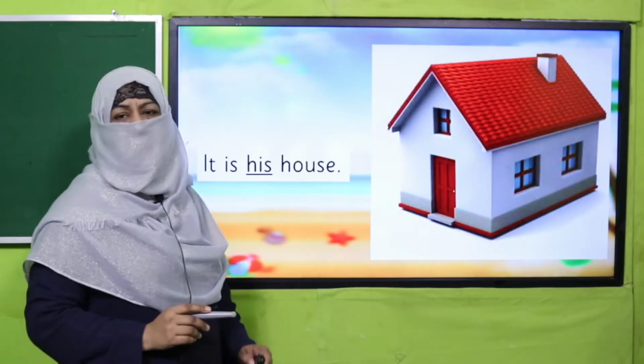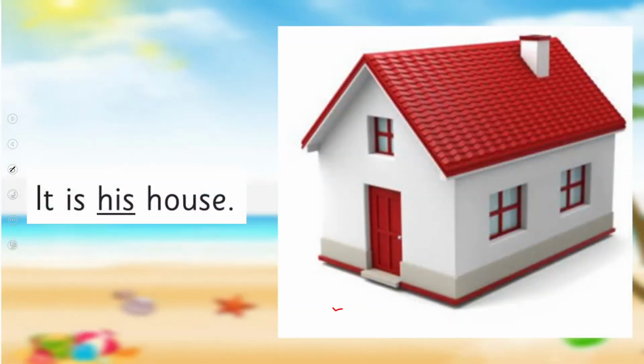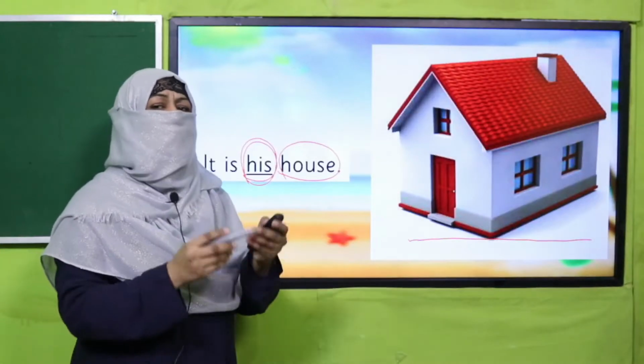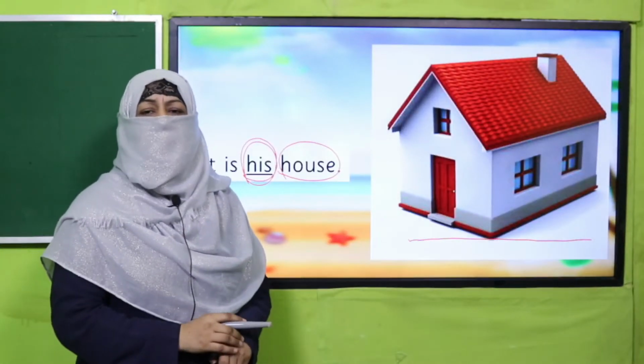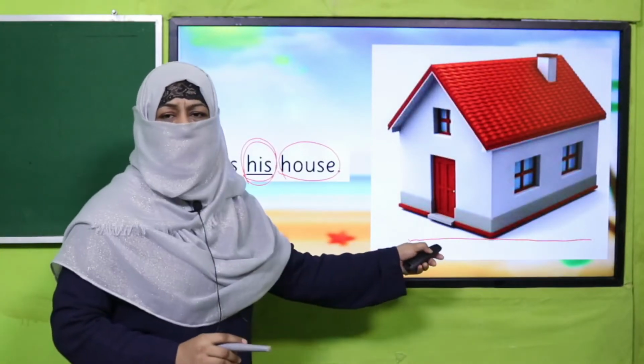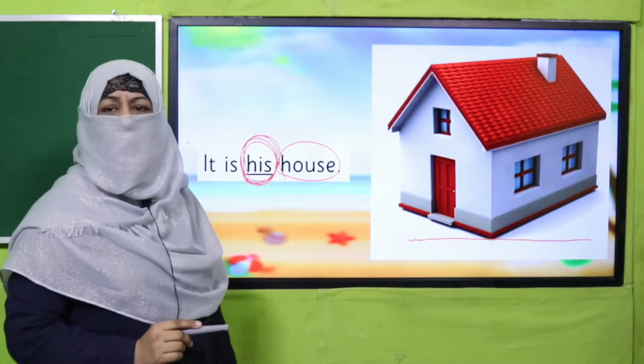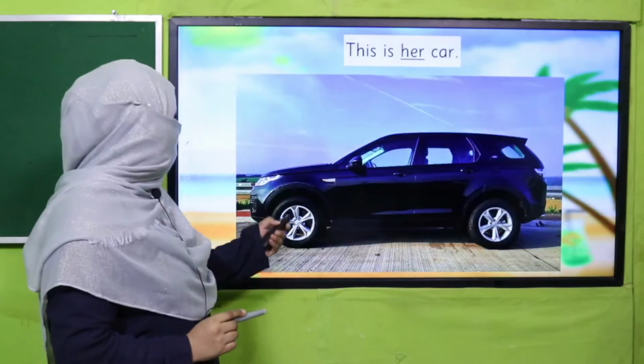It is his house. So house is a naming word, right? And who is the owner of this house? His means a boy, a male is the owner of this house. We are talking about, for example, he's Ali, this is his house. So his refers to a male owner, right?